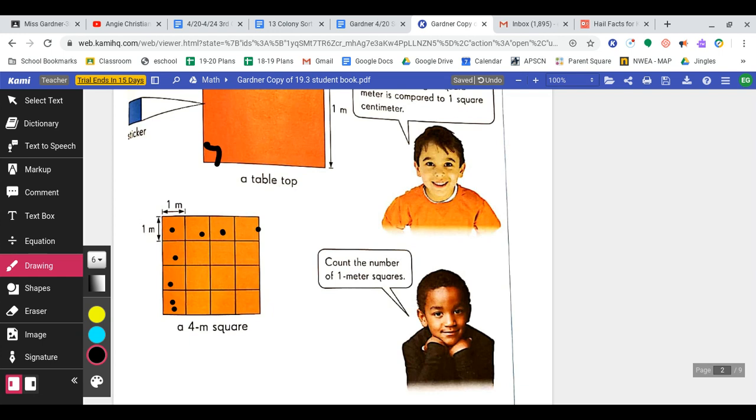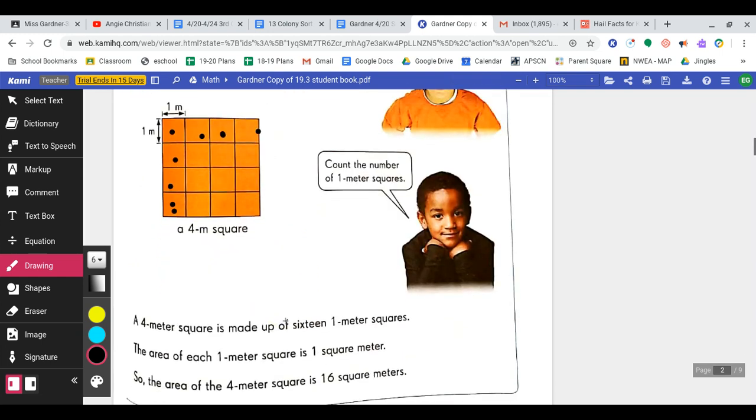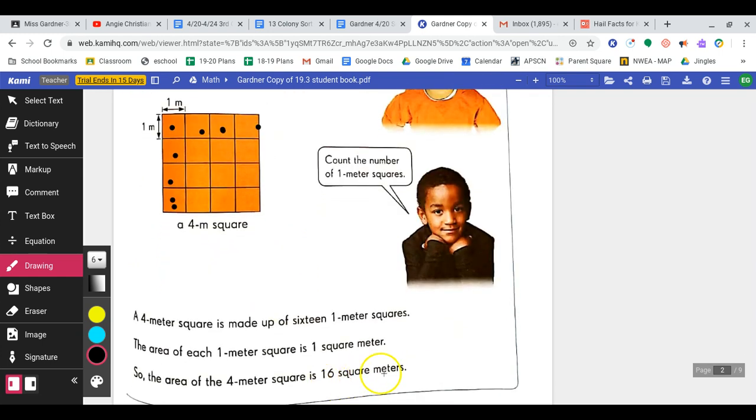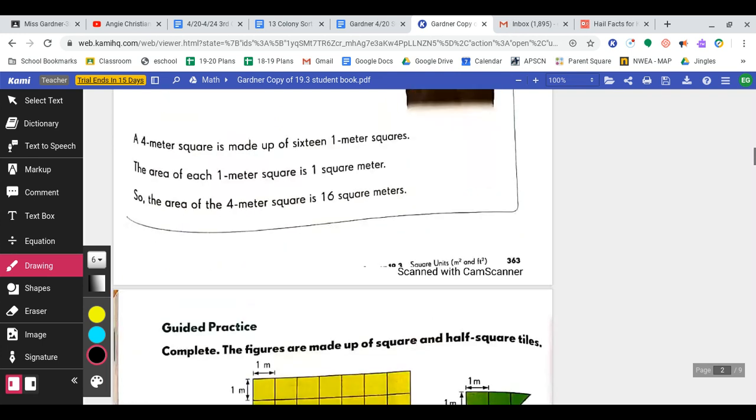So 4 times 4 is 16. Multiplying is the fastest way to find the area of squares. We can multiply 4 times 4 to see that there are 16 squares here, each square being 1 square meter. So the area is 16 square meters. It's 4 by 4, or 4 times 4 equals 16.